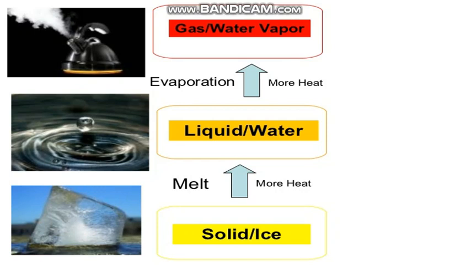So how does a change of state occur? Heating makes the particles in a substance move faster and knock each other further apart. Students, we know that solid, liquid, and gas are made up of atoms.